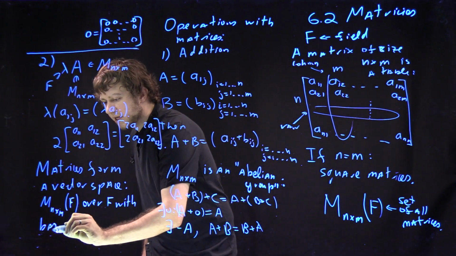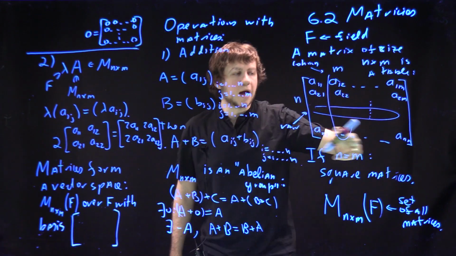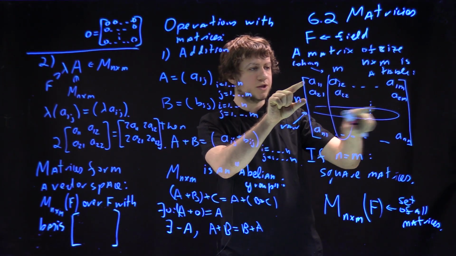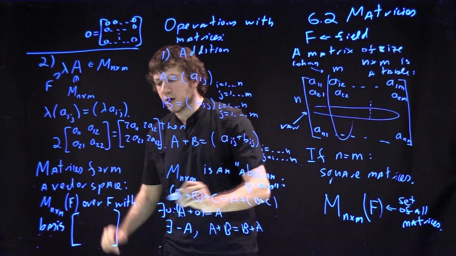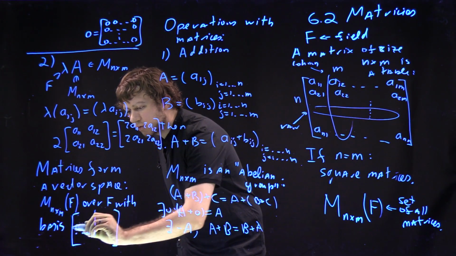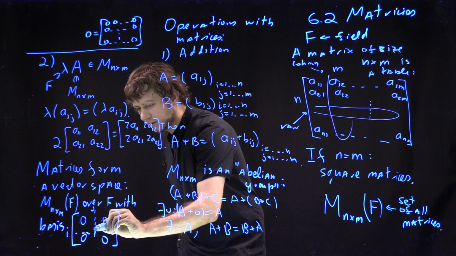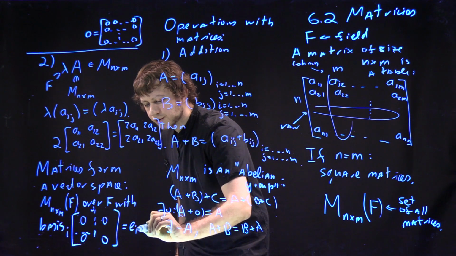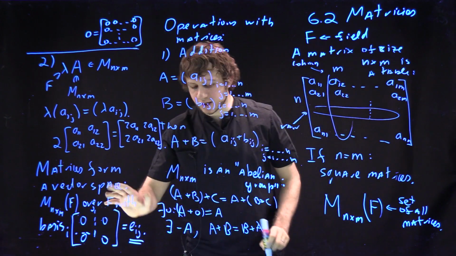Basically this vector space is the same as F to the n times m, because you can think of these as long vectors. So a convenient basis is the one where you have 1 somewhere and zeros everywhere else. Usually you put 1 in position ij and zeros everywhere else, and this is usually called Eij. For matrices, you use this basis Eij to talk about them, and this is really convenient.